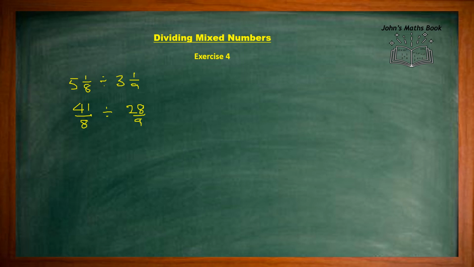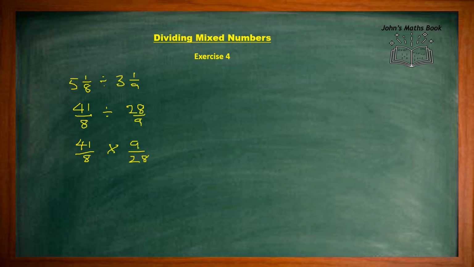And now we need to multiply the first fraction, 41 divided by 8, by the reciprocal of the second fraction. So the reciprocal is 9 over 28. So the denominator becomes the numerator and the numerator becomes the denominator.